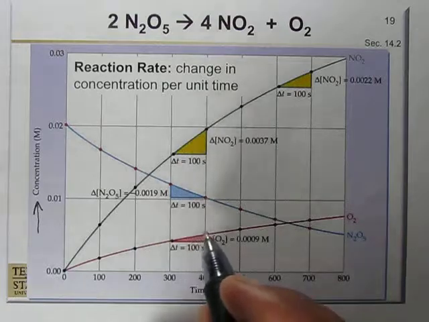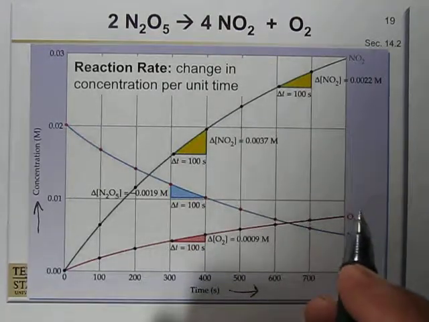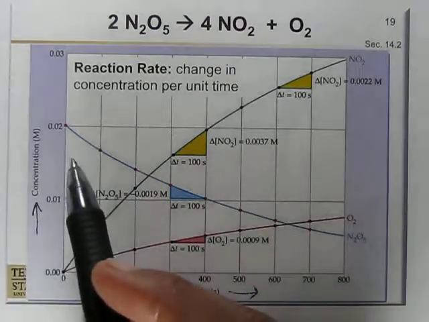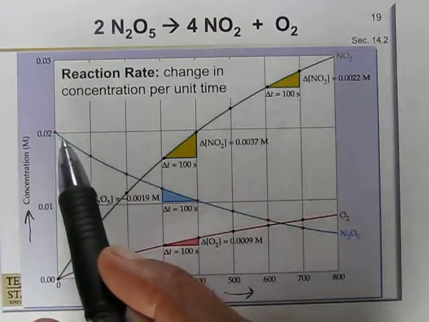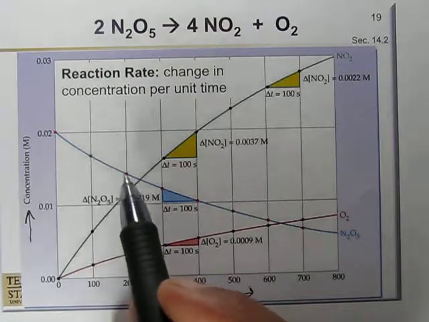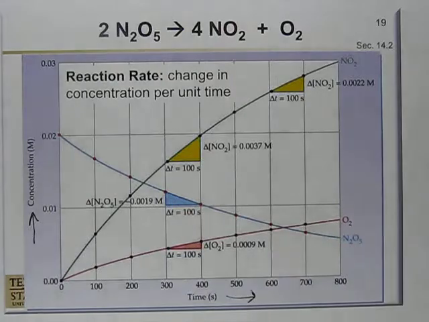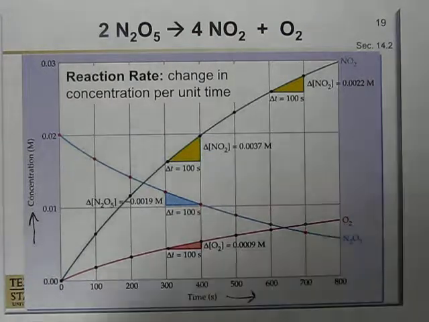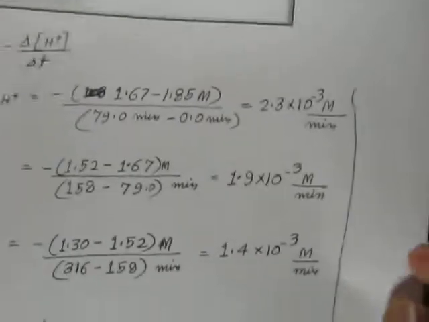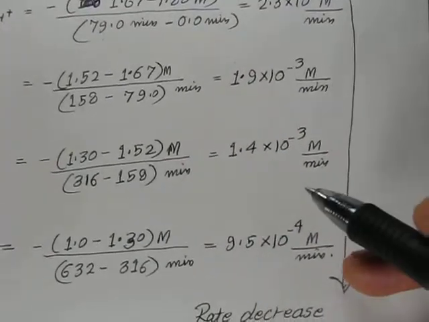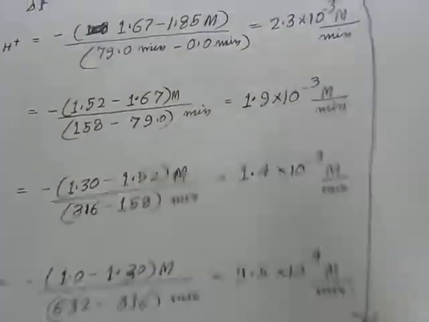This curve also shows that the product concentration is increasing, and the blue line, which relates to N2O5, shows the concentration decreasing. So the rate of the reaction is decreasing over time, which we saw in the previous slide also: as you proceed with the reaction, the reaction rate becomes slower and slower.